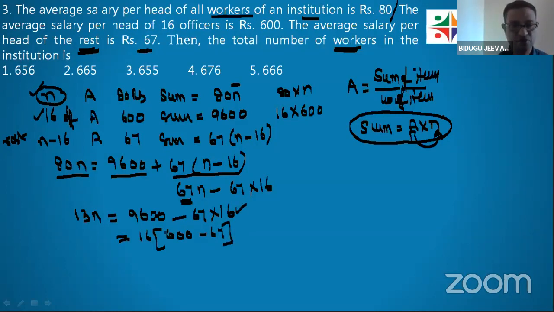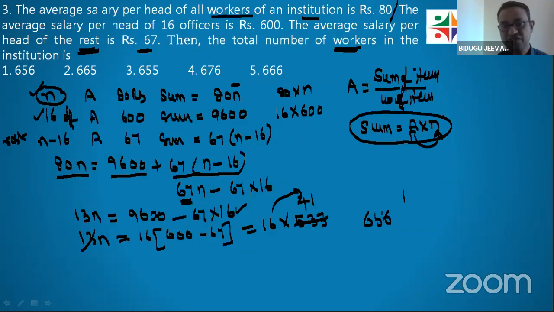The 16 goes away. Now 16 into 533. So this side 13N. Let me divide. 13 fours are 52 and 13 left over one time. Now multiply 16 into 41. 16 ones are 16, 16 fours are 64, 656. So how many people are there in the institution? 656, which is available in the first option.